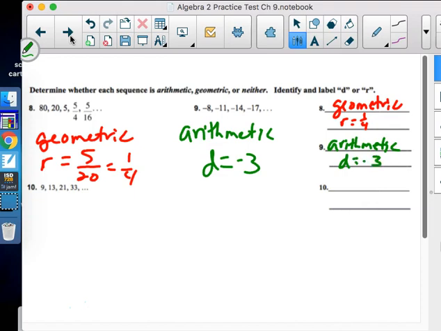Yep. 10. It's not working for either one? They're not adding the same amount every time or multiplying by the same thing every time? You're right. Neither, and walk away, because it's not following those patterns that we have.